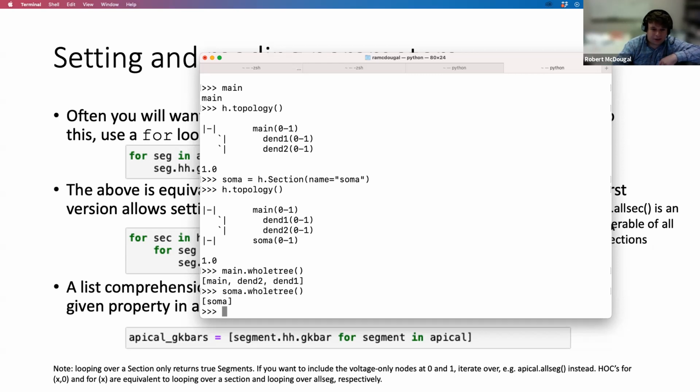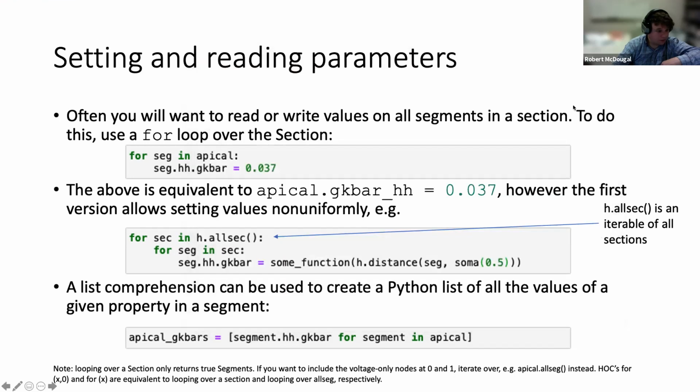The other interesting thing here is that as I'm looping over this, I'm applying some function of distance, and I can measure the distance between two points using h.distance. h.distance measures the distance between two segments, let's just say segments for now, but there are other things that you can pass in there.